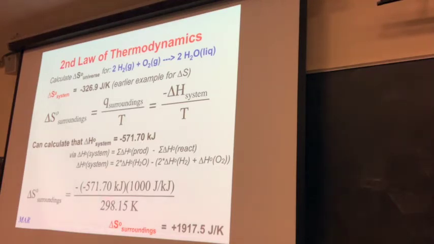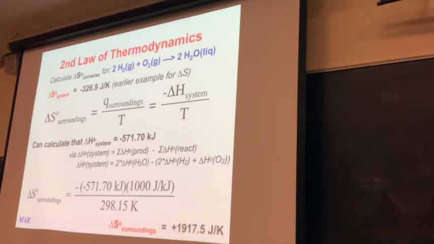Now, if we're going to turn this into a delta S of the surroundings, there's 2 things we need to do. First of all, we need to convert by multiplying delta H by -1 and dividing by the Kelvin temperature. And this little 0 thing right here means standard states, which is 298. But the other thing we need to do is that usually entropy is just in joules.